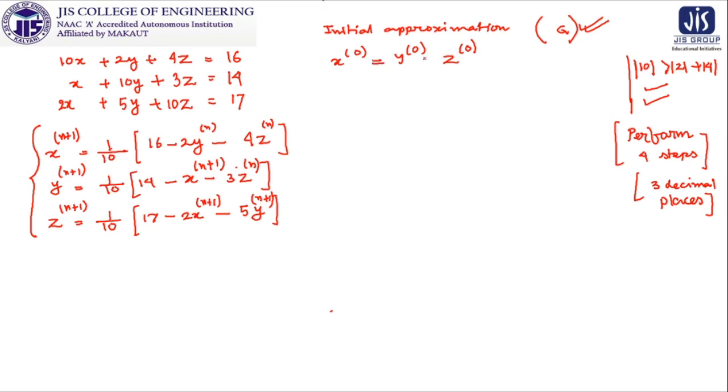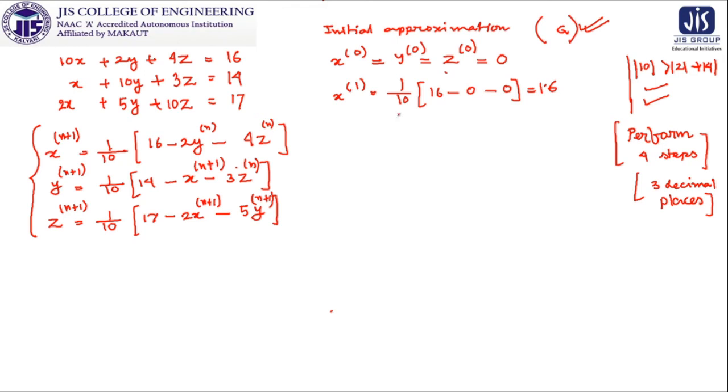So suppose for this problem we assume that they are the same and they are 0. So what will be the value of x1? It will be 1 by 10 times (16 minus 2 into y0, that is 0, minus 4 into z0, that is 0), so we get 1.6.